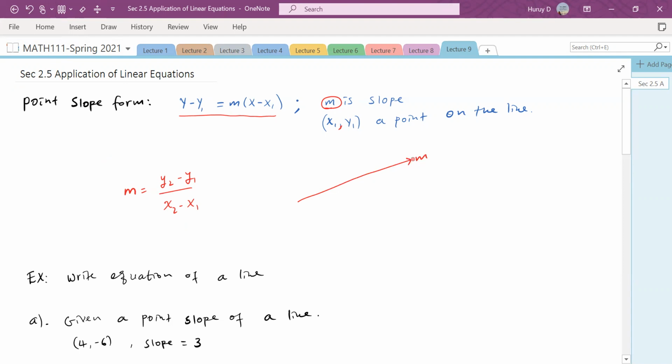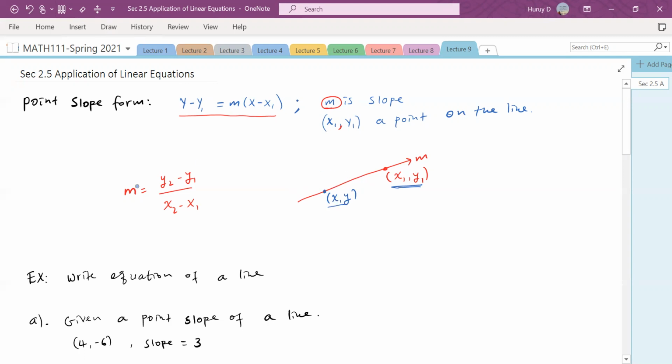It has a slope m, and we know it passes through the point (x1, y1). In order to find the slope, I will need another point, right? Let's call that point (x, y) without any index, because this is just an arbitrary point. (x1, y1) is the given point, but then I will take another point anywhere on the line and call it (x, y).